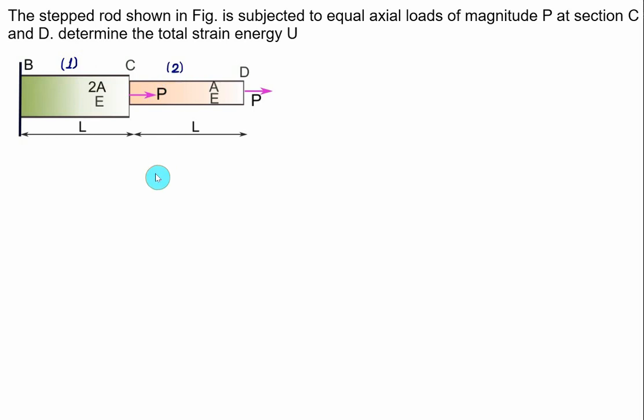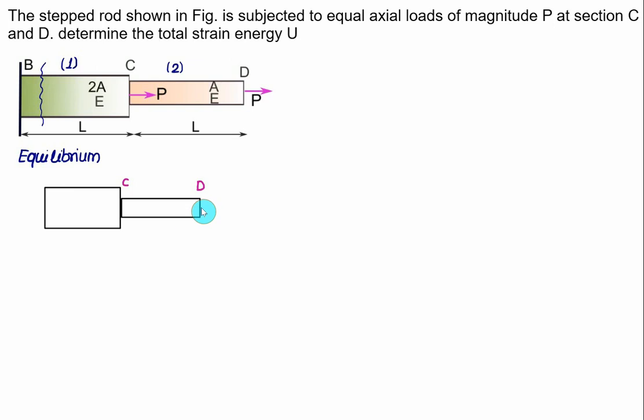First of all, you have to calculate the net load in CD as well as in BC. So apply the equilibrium condition. We'll cut the section here. So at point D we have one force acting equal to P. At C we have one force acting equal to P. This force we'll call the reaction force, equal to F1, which is the internal force for rod BC, labeled as 1.